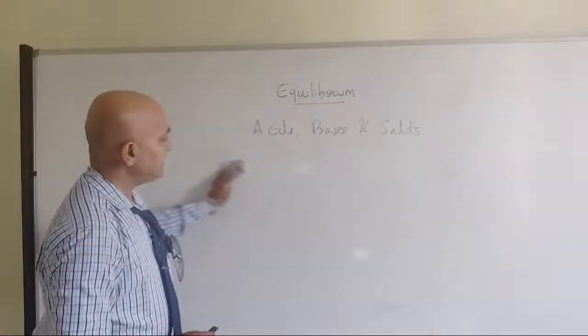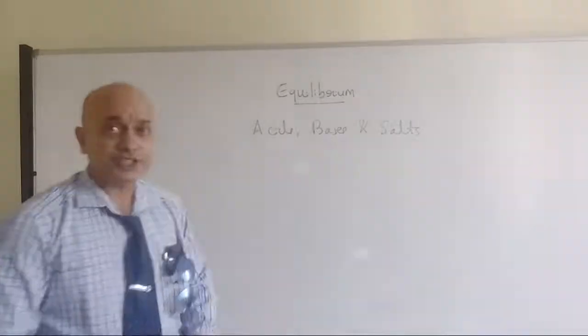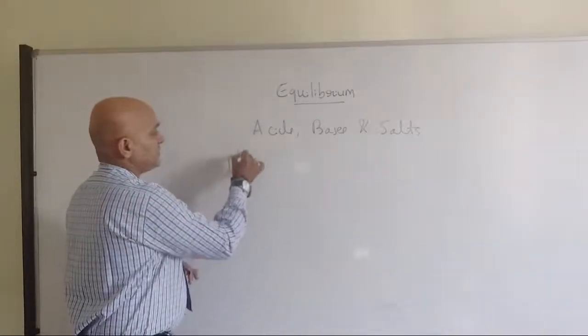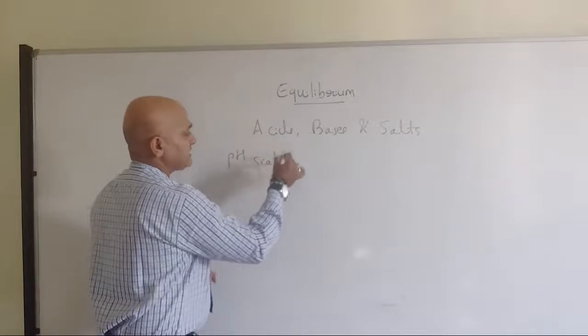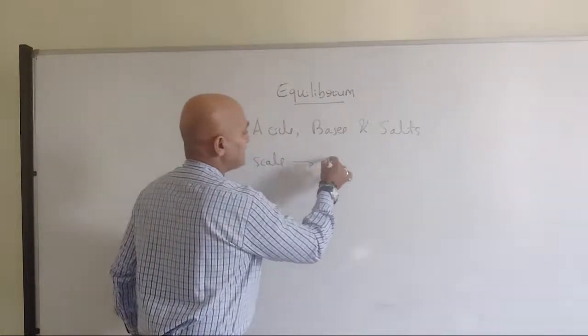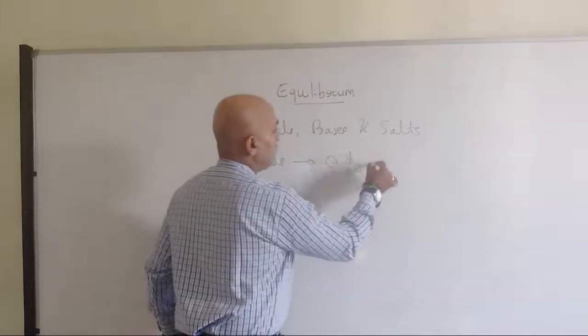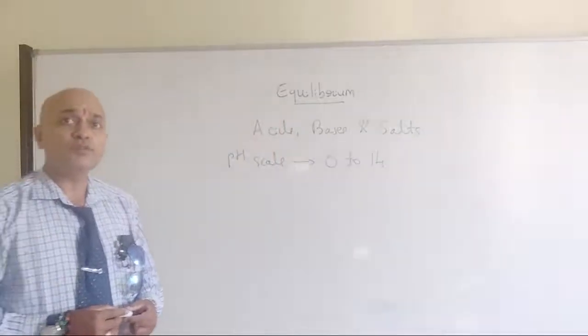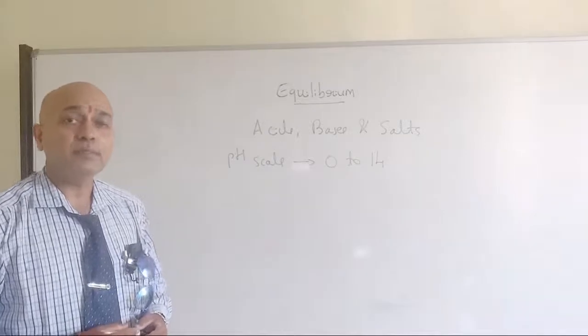So when it comes to pH, I started with the pH scale. As I told, it ranges from 0 to 14. That's where we have the pH scale.